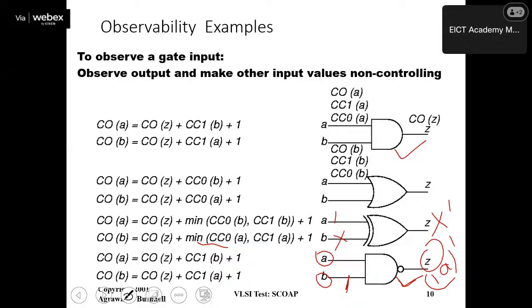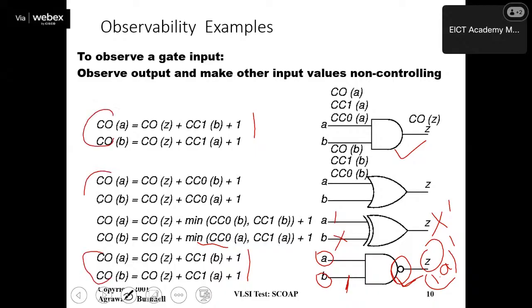So please make a note of it. The observability of the inputs in AND gate and NAND gate is the same. The expression for observability for AND gate and NAND gate is the same. For controllability, the 0 and 1 are exchanged, because this is flipping the bit, right? So the controllability of the output from 0 to 1 and 1 to 0 is exchanged, but the observability formula will remain the same.